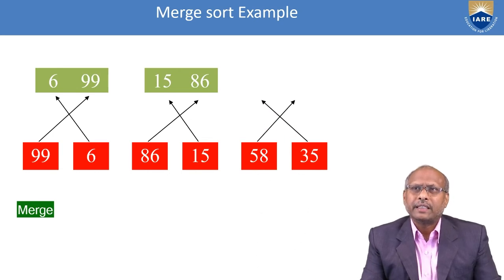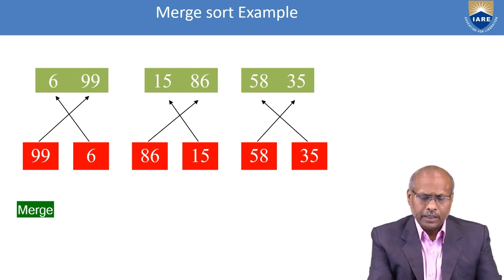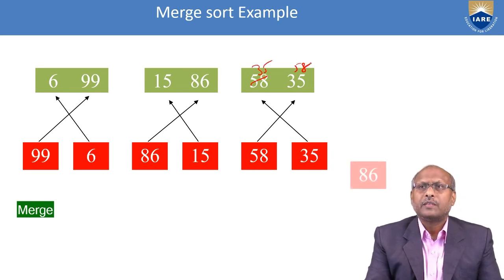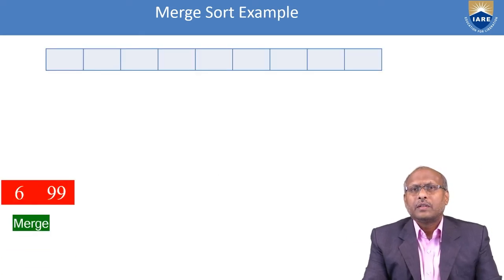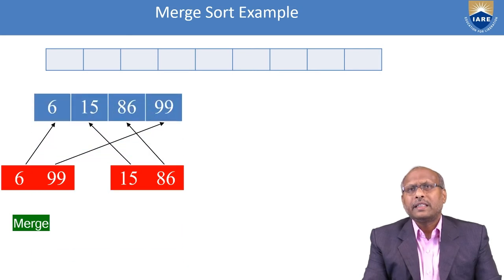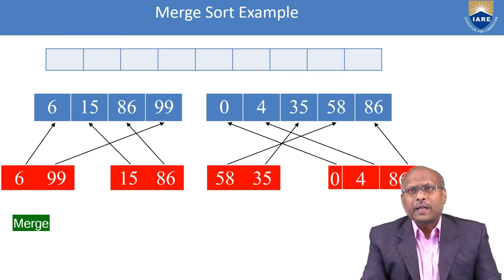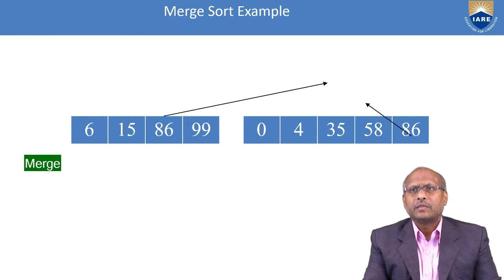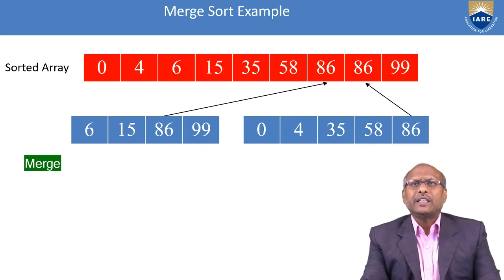So 35 comes first and then 58. So this is the way the merging occurs. So finally it will merge into a single array. So once merged, then you will get the sorted array.